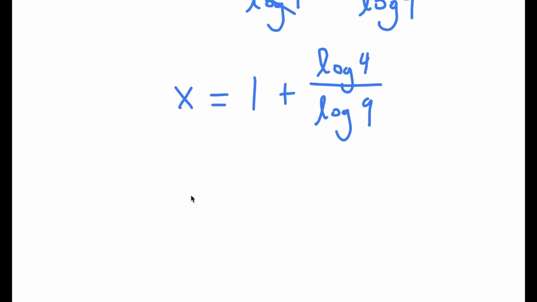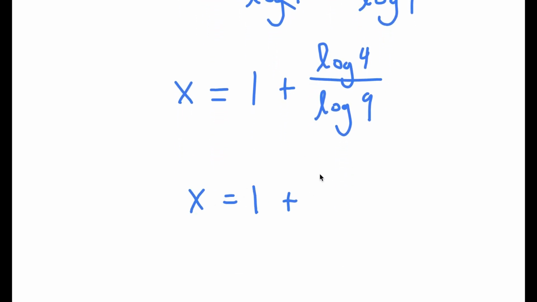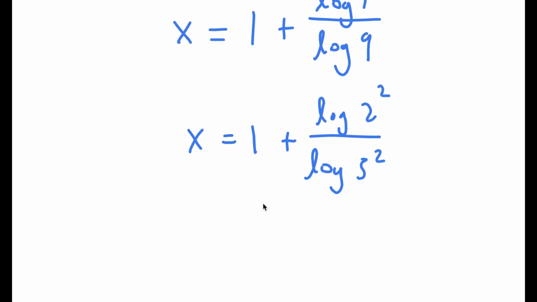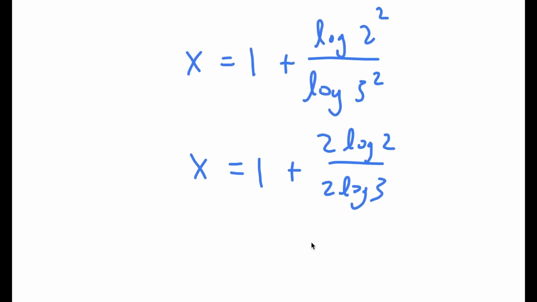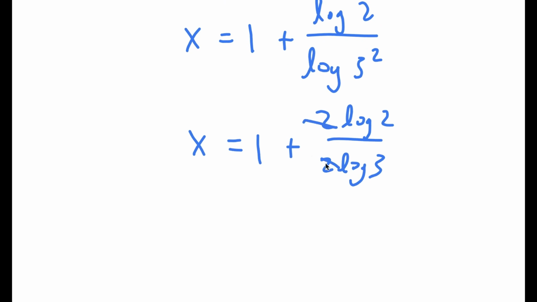And log 4 I can rewrite as log of 2 squared. Log 9 I can rewrite as log of 3 squared. So now this is the same thing as 2 times log 2 over 2 times log 3, and the 2's can simply cancel out.